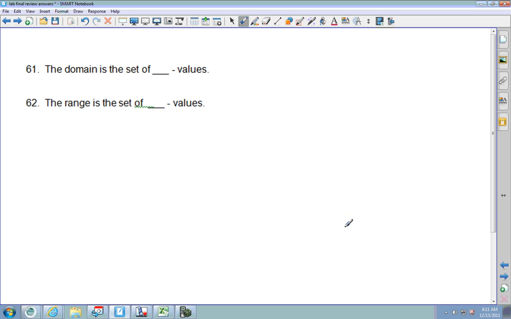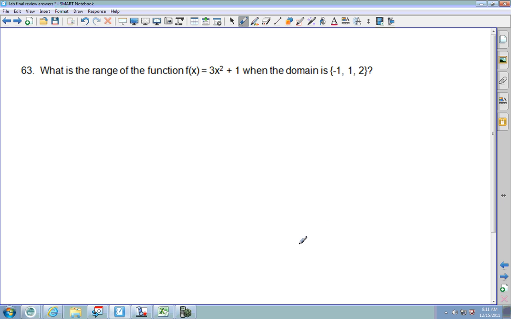Okay, this one says domain is the set of x values. Range is the set of y values. Next it says what is the range of the function f of x equals 3x squared plus 1 when the domain is negative 1, 1, and 2.